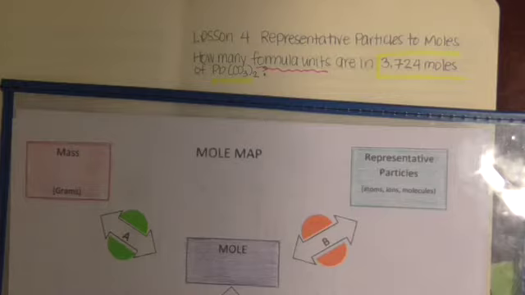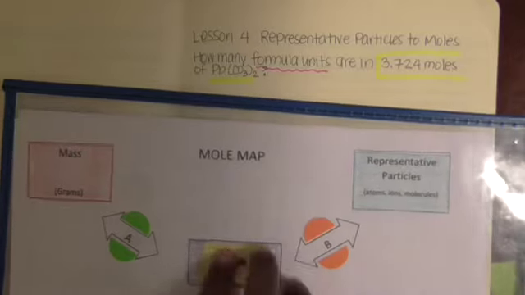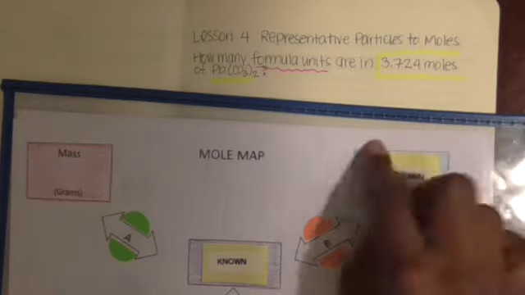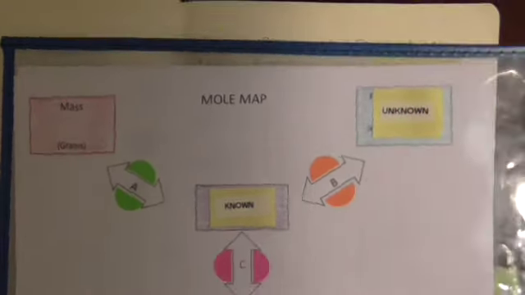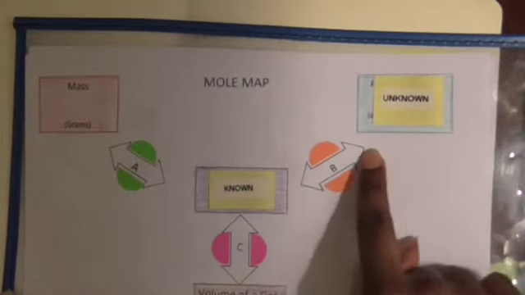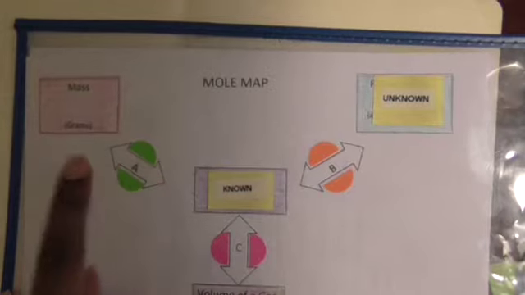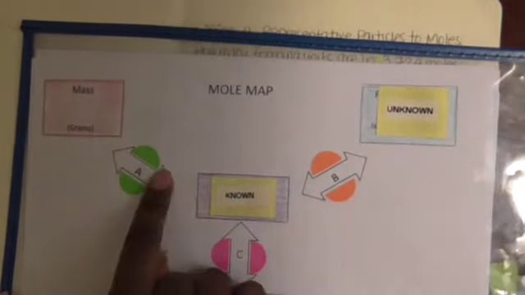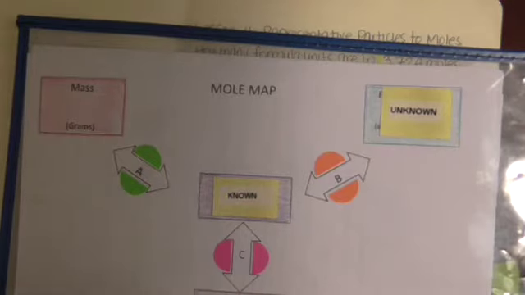So our known is moles, and our unknown is representative particles. This is important because we need to take the B root and not the A root. If you take the A root to find B, you will never get there. You will always get the wrong answer.